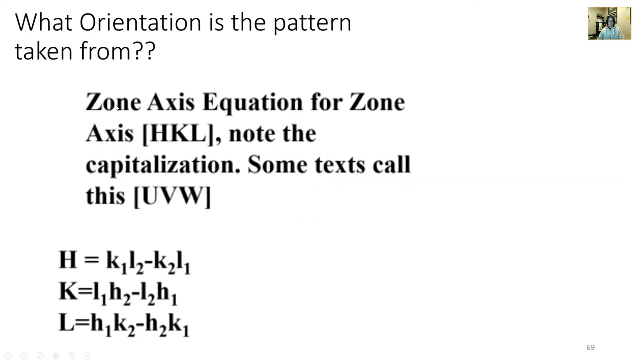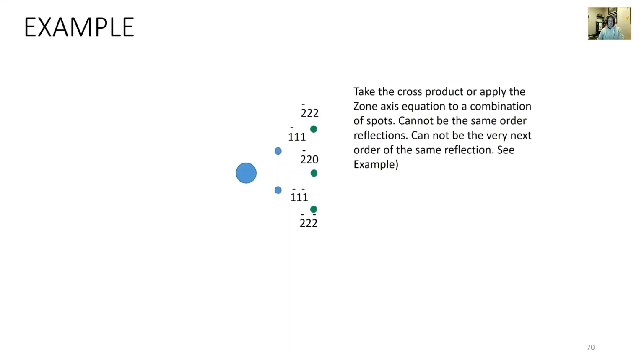All right, so we have our example, and of the spots we indexed, we're trying to figure out the zone axis that these spots came from. You can take the cross product or apply the zone axis equation to a combination of spots. And here I'm picking this one, -1, 1, 1, and -2, 2, 0. You can't use any combination of spots.